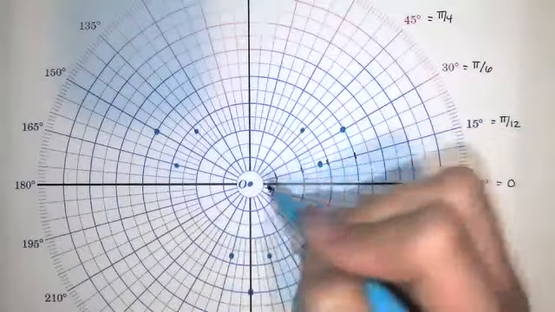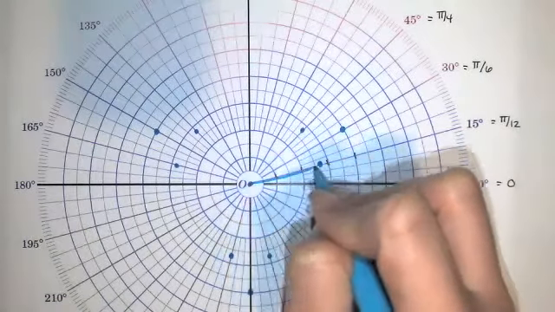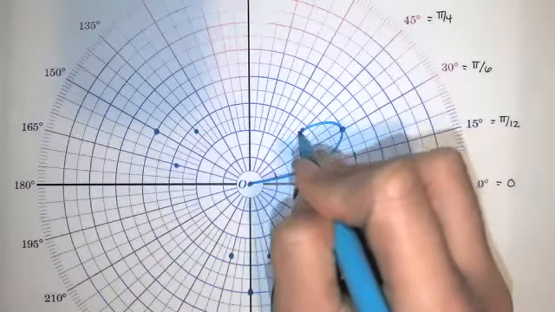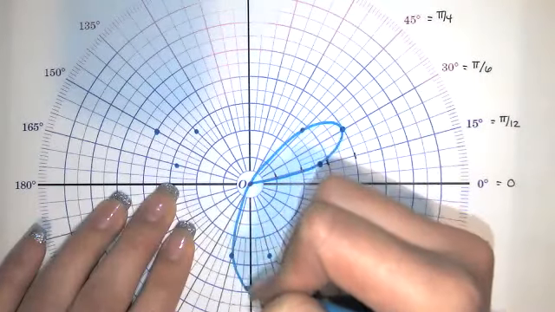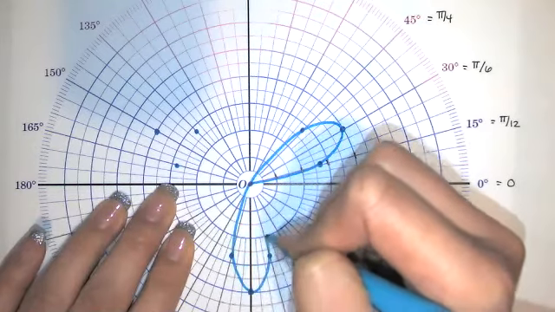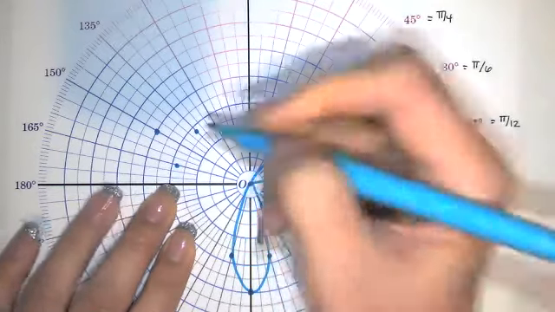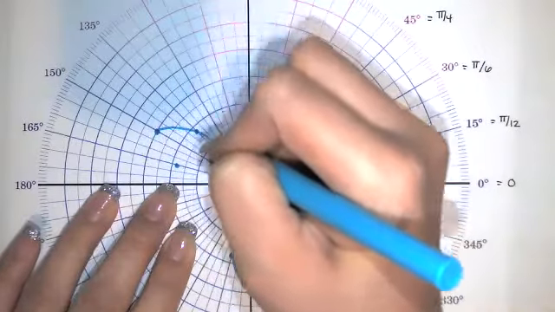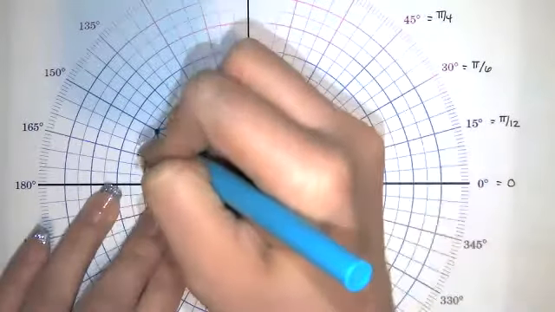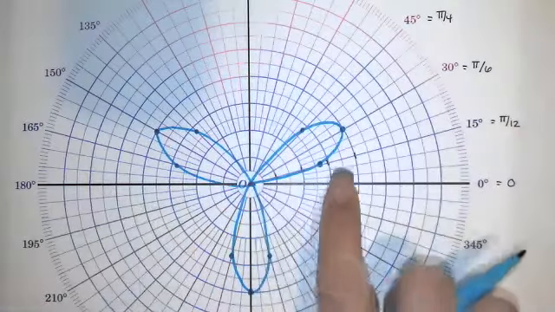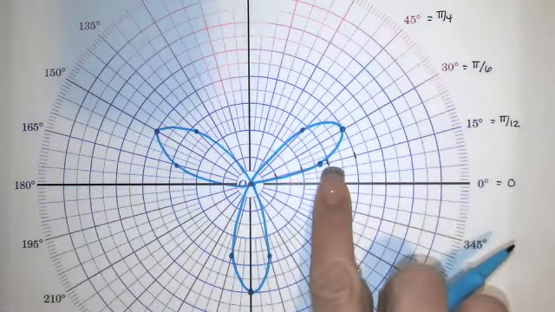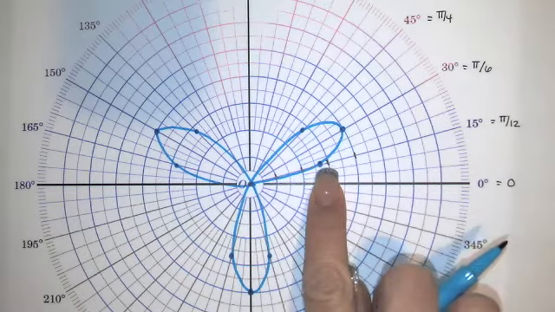And so what the graph looks like is this. It's kind of like a flower. And 195 was when we got back to that first point right here.